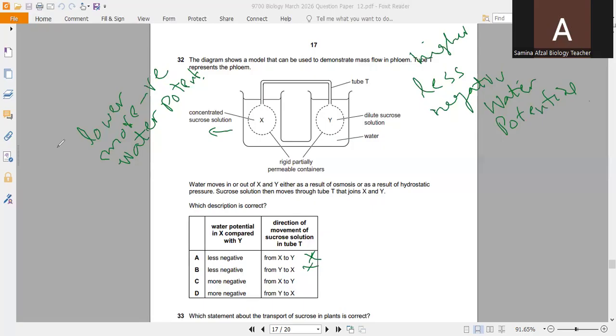Now, the option is that the water potential in X compared with Y is more negative. So the answer can be C or D. Now the direction of movement of sucrose solution. Because container X has a highly negative water potential, water moves rapidly into X from the surrounding outer container via osmosis.